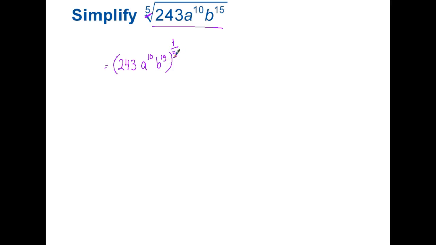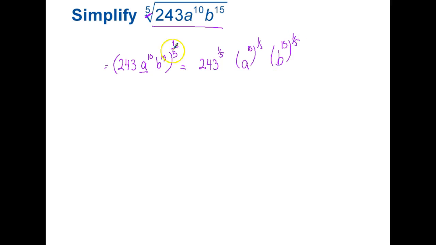Okay? So, this is equals to 243 to the power 1/5 times a to the 10th all to the power 1/5 times b to the 15th all to the power 1/5.